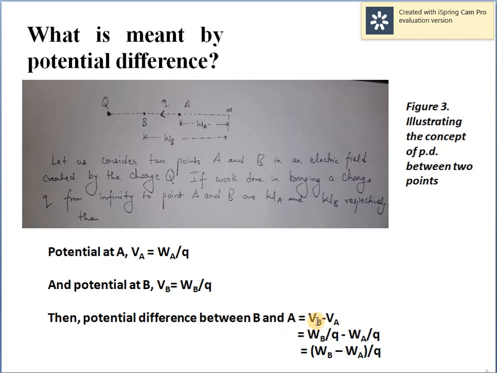On putting the values of VB and VA respectively, we get that the actual potential difference between points B and A will be WB minus WA, whole divided by Q. So this is the value of the actual potential difference. Moving to the next slide.